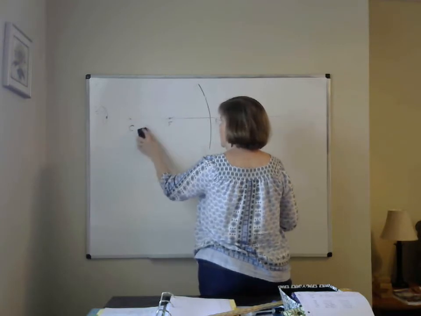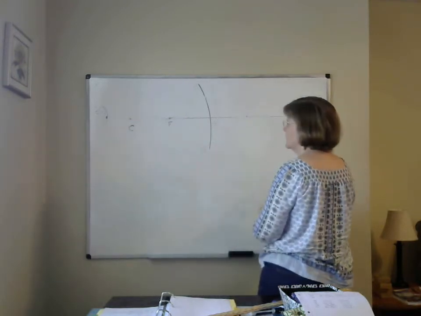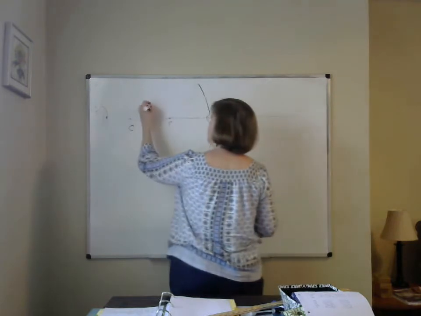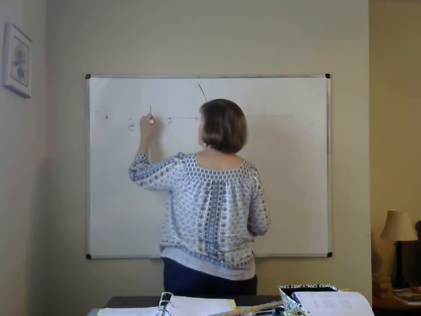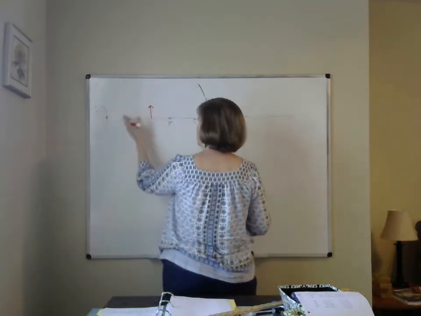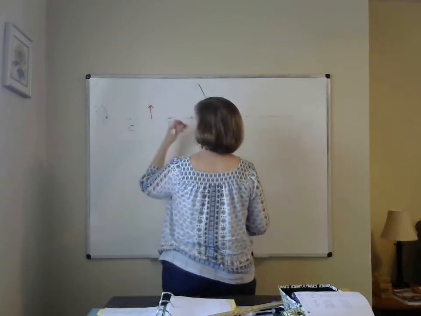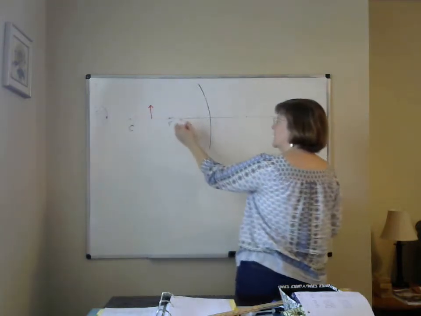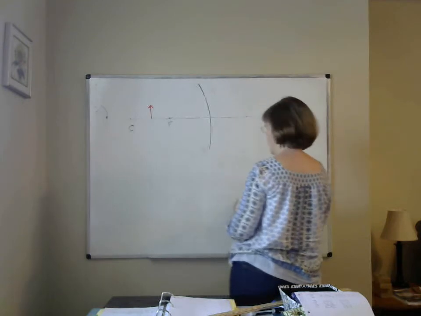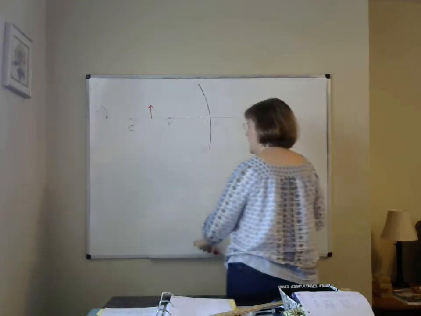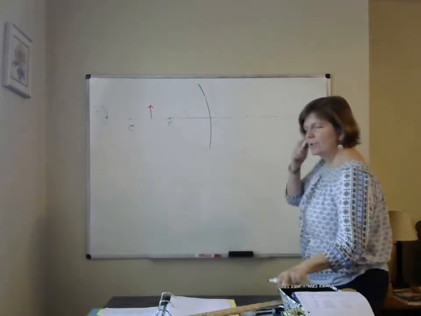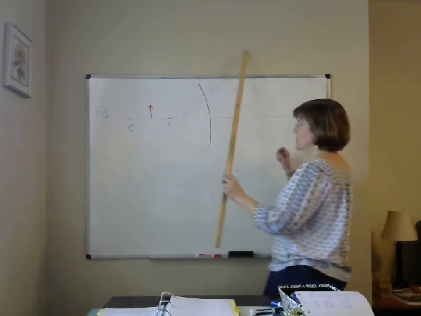And this time, I'm going to let the object be back here. I'm going to put it past the focal point, between the focal point and the center of curvature. But the main thing is I want it out past the focal point. When it's out past the focal point, we get a different type of image formation.